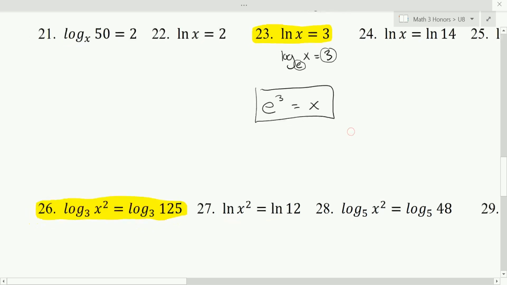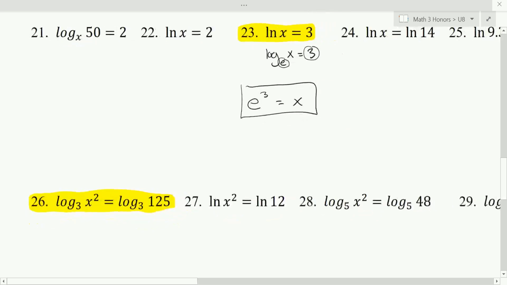On 26, 26 is a little different here. We're not going to want to change it out of log form into exponential form because there's a log on both sides of the equation. Any idea what we're going to do on 26? Well, what would our next line be? x squared equals 125.